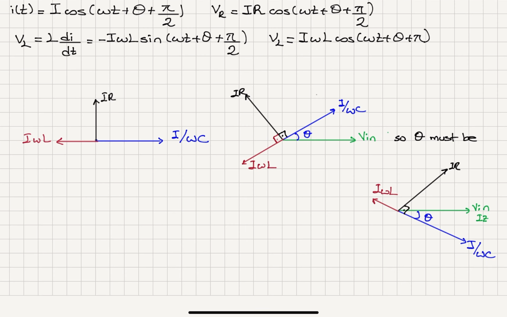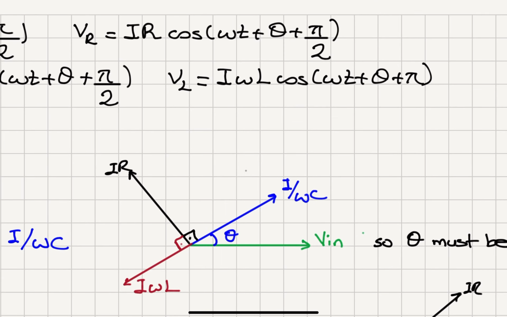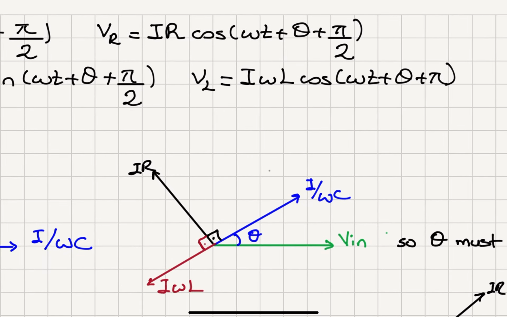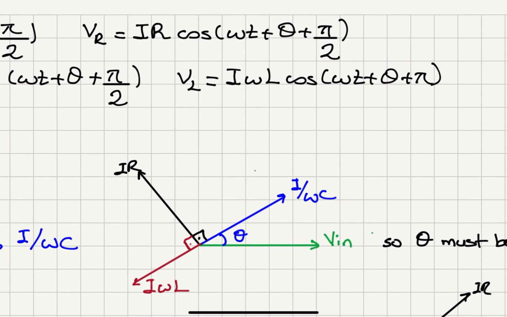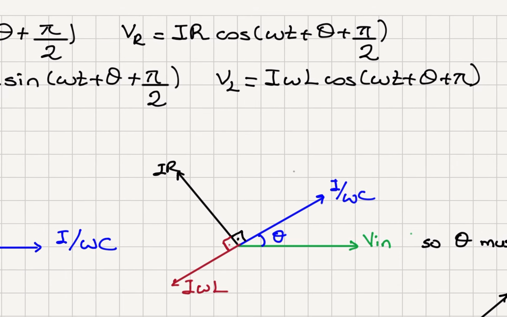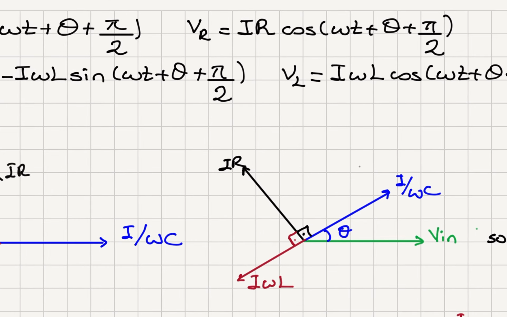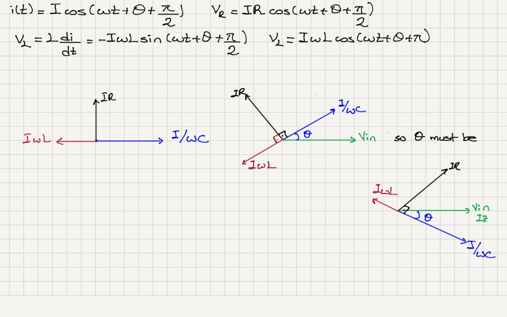So let's see how that works. We have cosine omega t plus theta plus pi over 2 sine pi over 2. So cosine pi over 2 gives us 0, minus sine omega t plus theta plus pi over 2 sine pi over 2, which gives us minus sine omega t plus theta plus pi over 2. So we have found the phase relationship between the inductor voltage, resistor voltage, capacitor voltage, and the current that flows through all of these circuit elements at the same time.